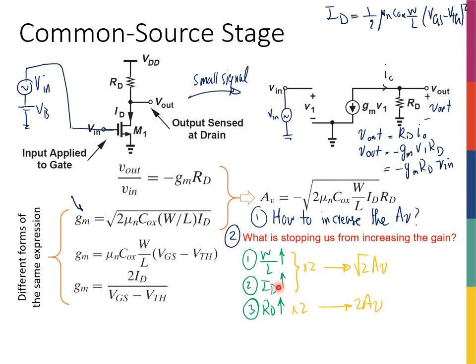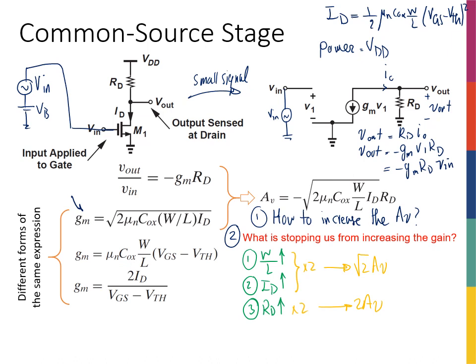The more important reason is that if I increase ID, yes, I do get more gain, but at what cost? The question is, at what cost do I get this more gain? Because there's no free lunch in this world. The cost that I pay for increasing the gain here is power consumption. Because if you remember, the power of my circuit is always VDD times the DC current that is drawn from the VDD.